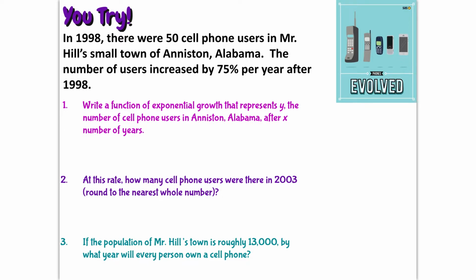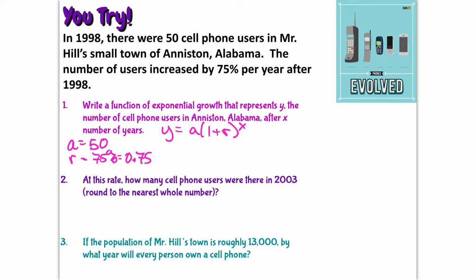Okay, so write a function of exponential growth that equals y. So remember, our growth equation is y is equal to a times 1 plus r to the x power. And r has to be in decimal form. So my initial amount was 50 people. My r was 75%. 75% as a decimal is 0.75.